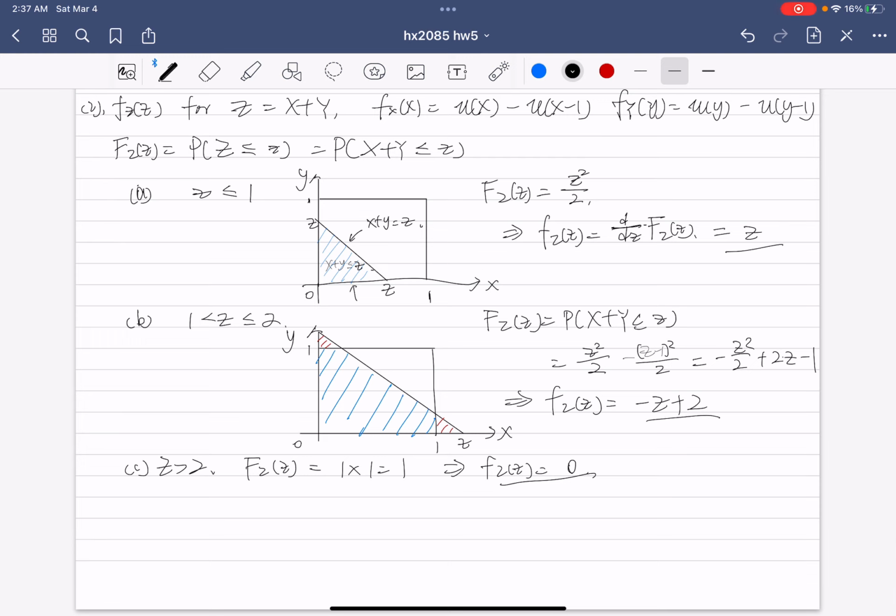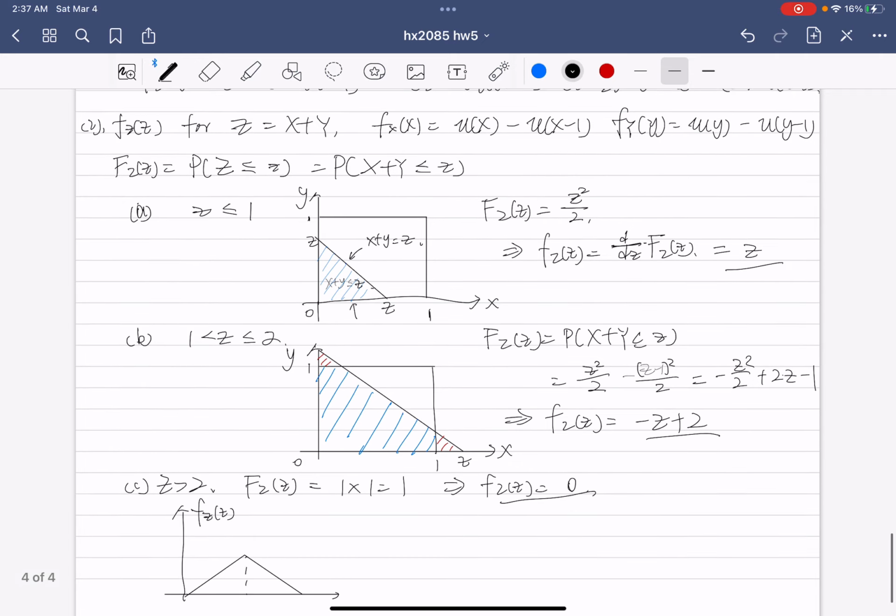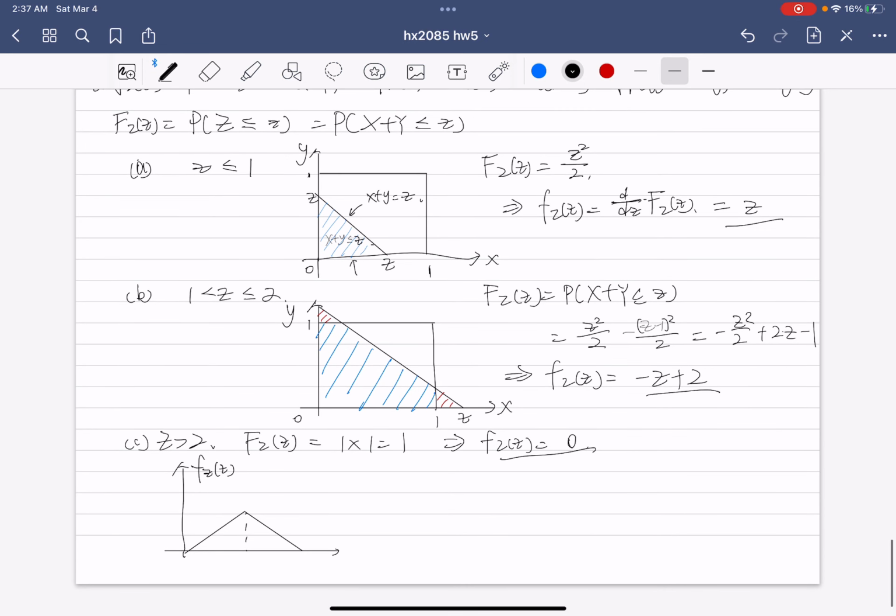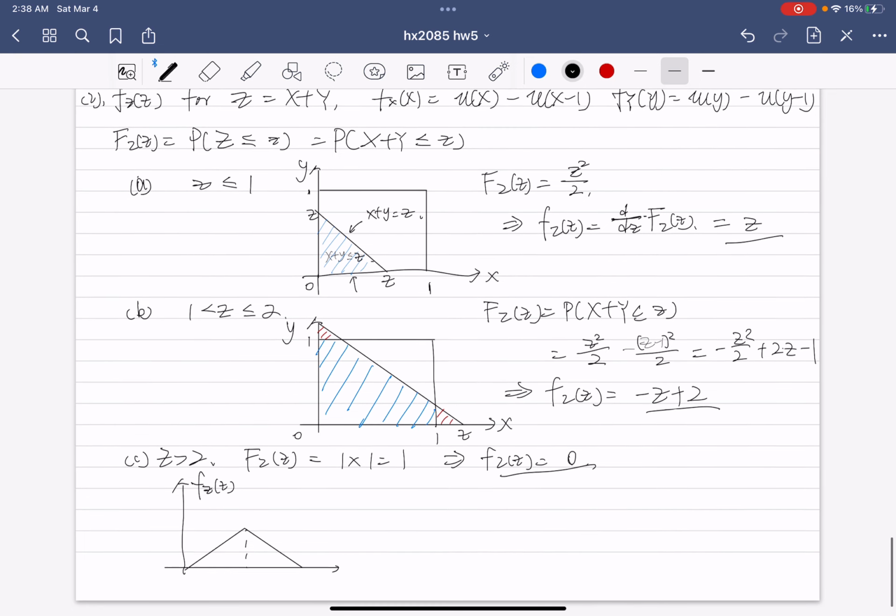Therefore, we get the probability density function of z: when z is less than or equal to 1, fz equals z, this part, and the second part is negative z plus 2, this part, and when z is larger than 2, the function will be 0.